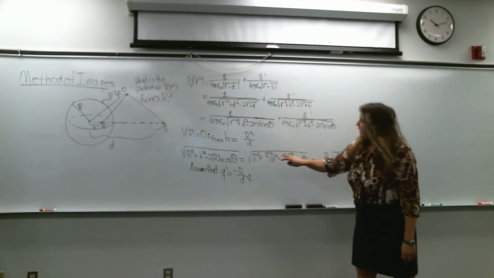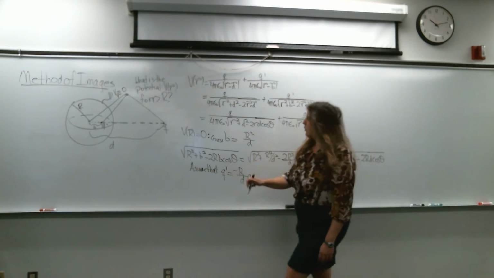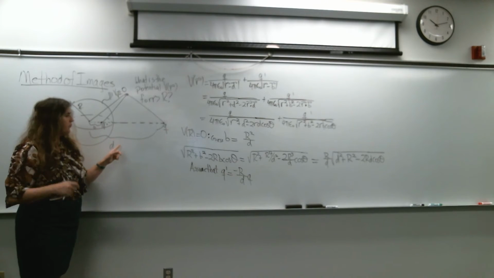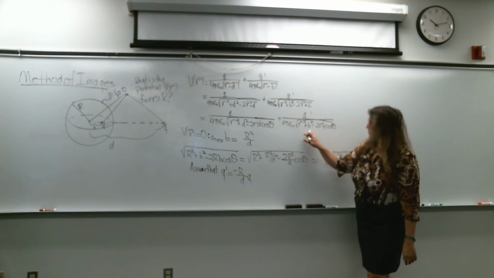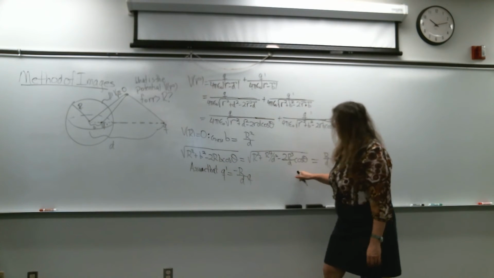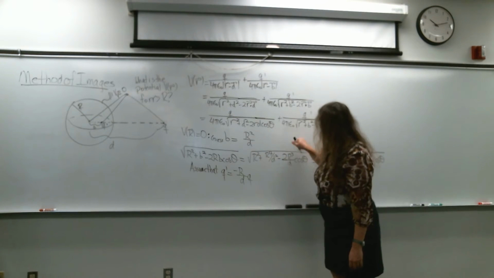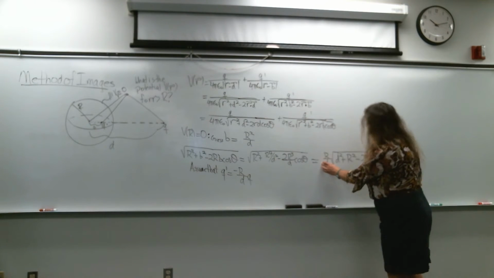That's my answer: if I place my image charge at this distance away from the center of the sphere, R squared over d, and I've substituted in b in here, and I've evaluated this radical at the radius, and substituted in R squared over d wherever b appears. And I said, okay, I'm going to pull this R over d out.